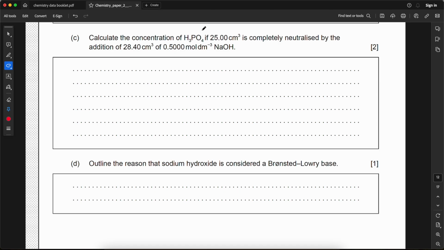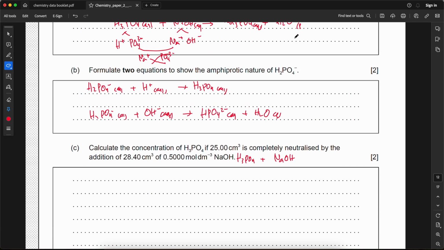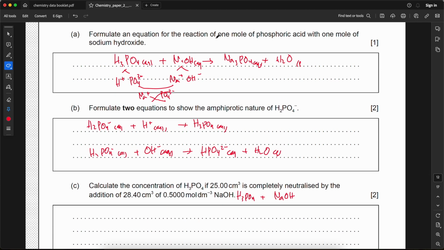Calculate the concentration of H3PO4 if 25 centimeter cube is completely neutralized by the addition of 28.40 centimeter cube of 0.5 molar NaOH. The reaction would be H3PO4 plus NaOH. Sorry, this one is not balanced yet.